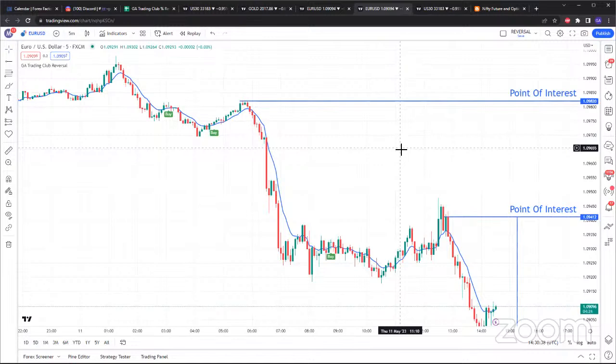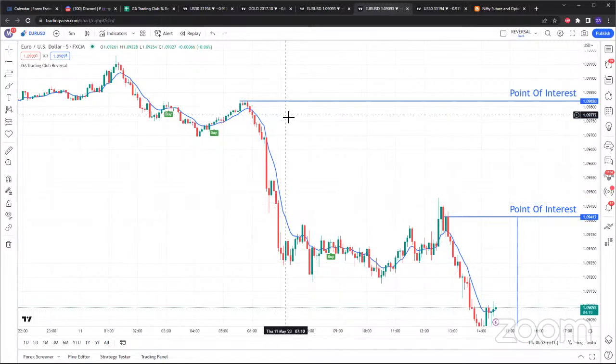However, you also need to look: why did that candle happen? Was there news around that candle? If there was no news, if it's during a slow session like Asia or even London, then that trade can be valid so long as it meets that threshold.